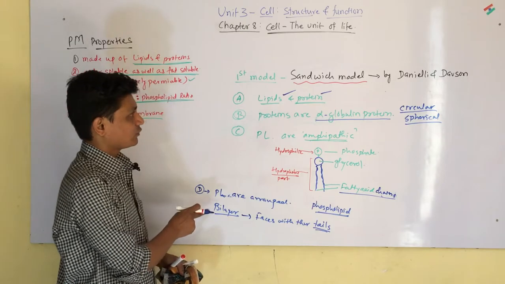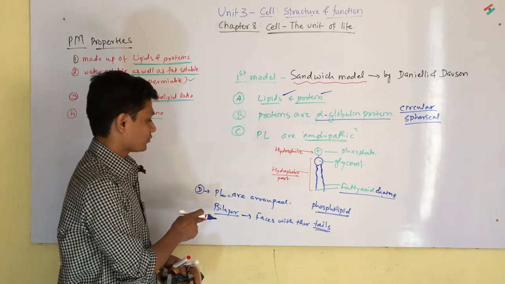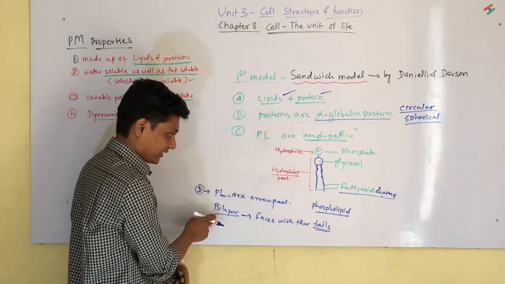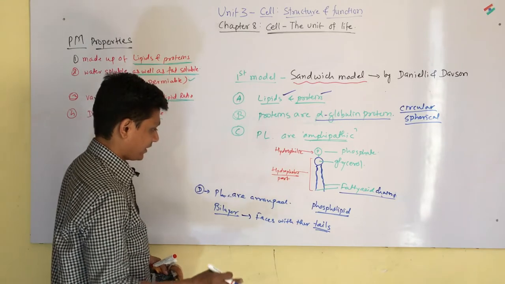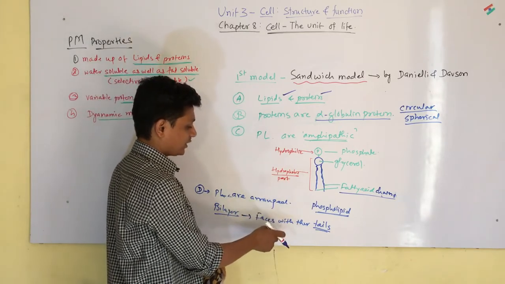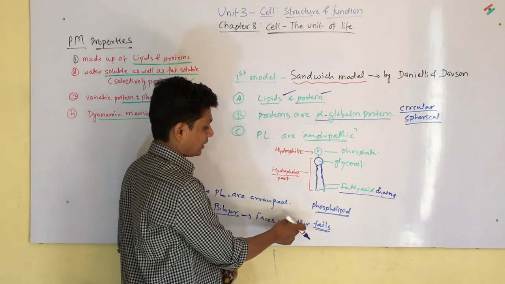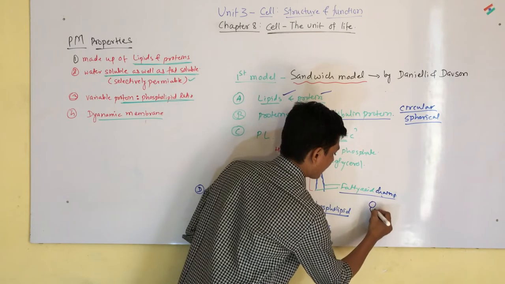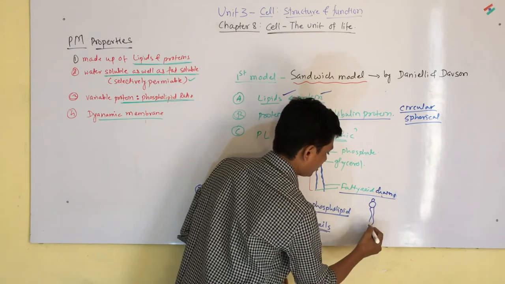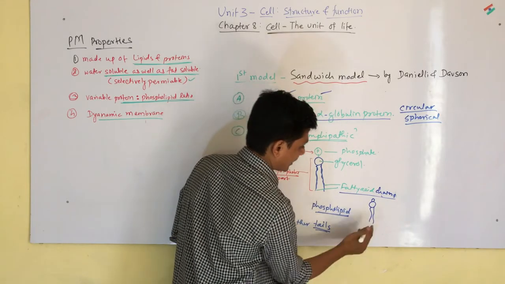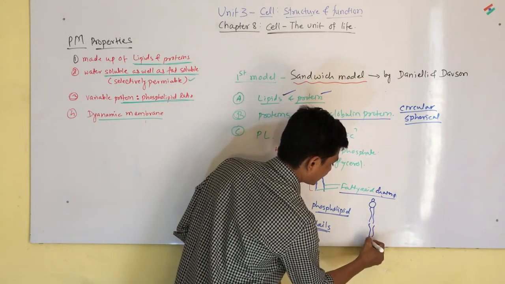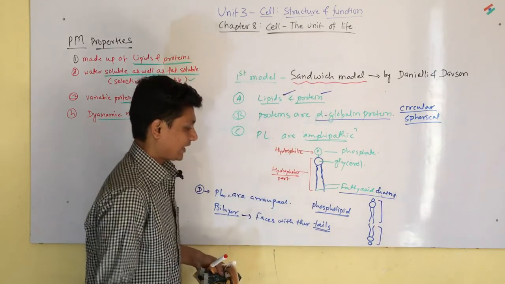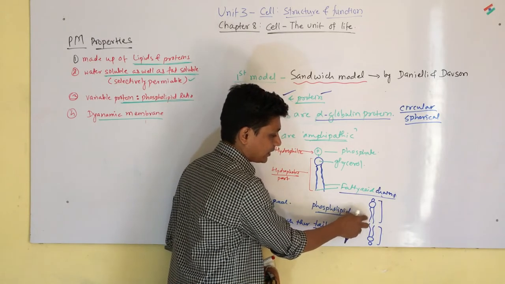Phospholipids are arranged as a bilayer in the plasma membrane, and they face each other with their tails. Suppose this is the first phospholipid molecule, and the second phospholipid is arranged like this. This is the first phospholipid and this is the second, and their fatty acid chain parts face each other.